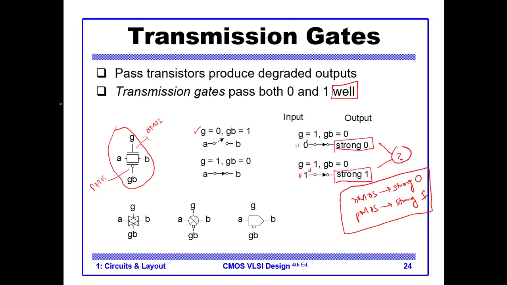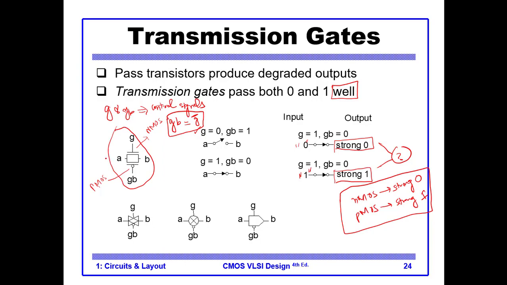For this you have to look at where the inputs are connected. G and G bar are control signals. They are not your inputs. G bar is this one, it's not of G.